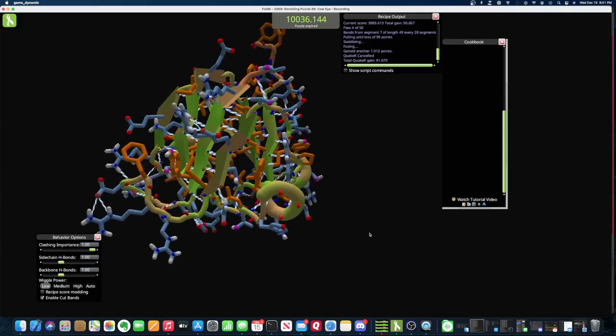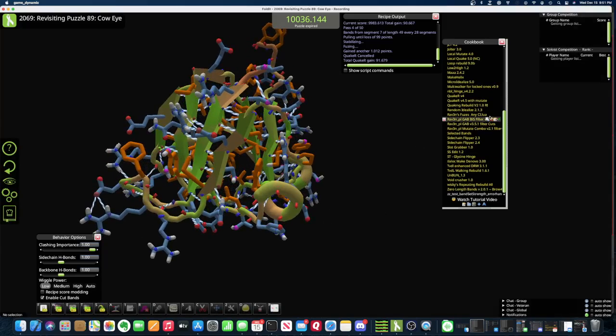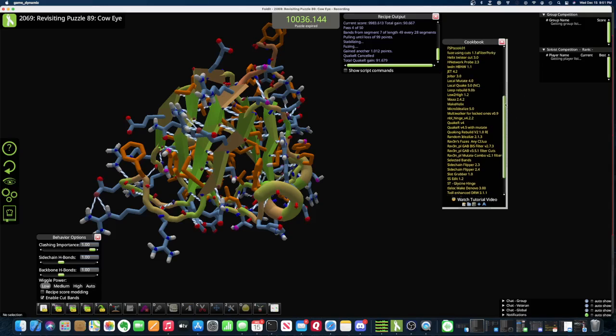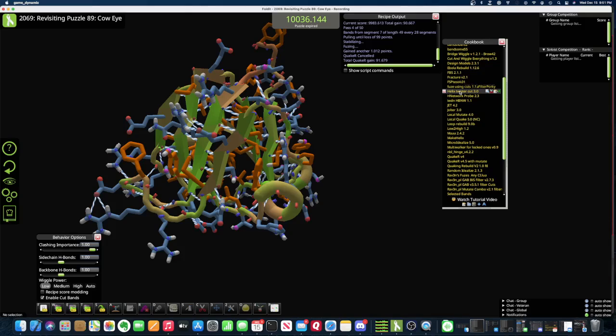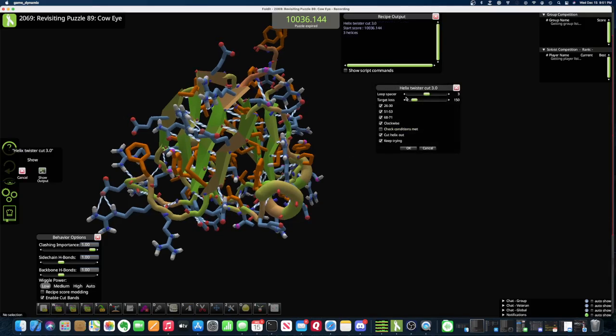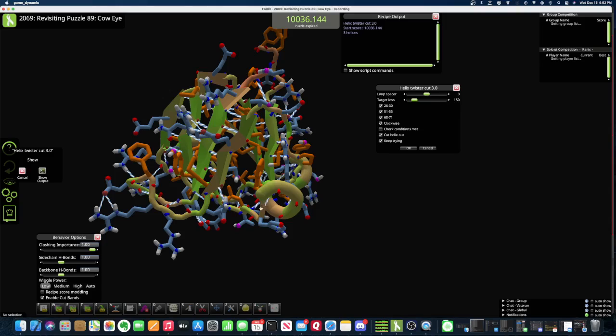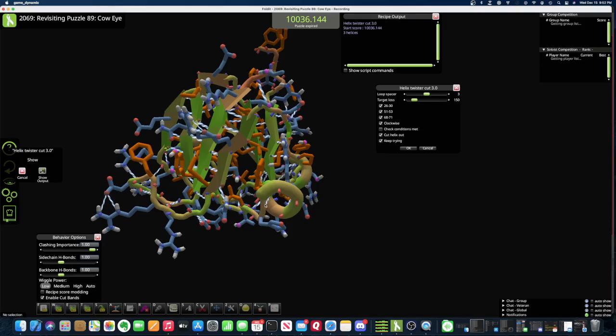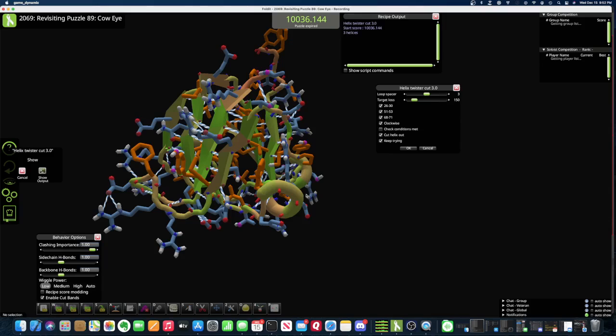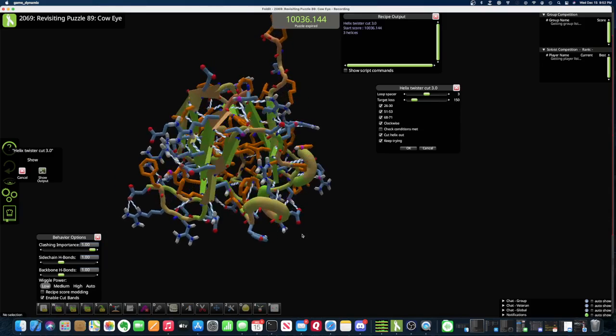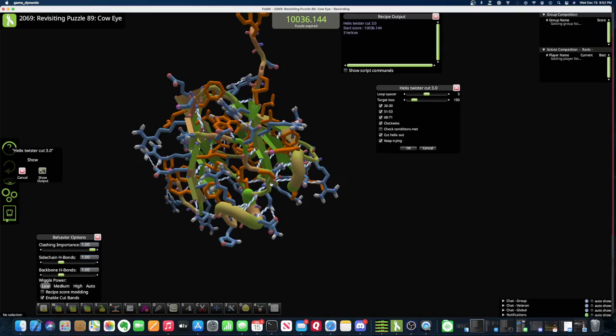He's not too bad, but one recipe I like to run is one called helix twister cut. What that does is you give it the loop spacer. That is how many segments there are between that helix and the other elements that it's connected to. So 1, 2, 3.